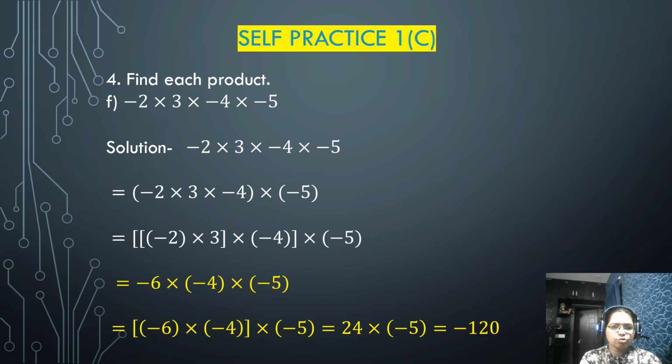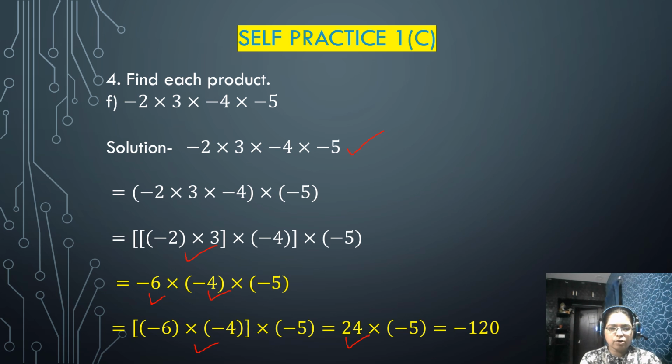Now F, minus 2 multiplied with 3 multiplied with minus 4 multiplied with minus 5. First we multiply minus 2 with 3. Minus 2 multiplied with 3 is minus 6. Product of negative and positive, we get a negative integer. Then minus 6 multiplied with minus 4 is plus 24, as it is the product of negative integers.